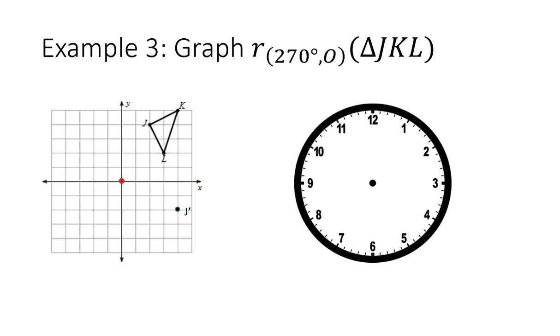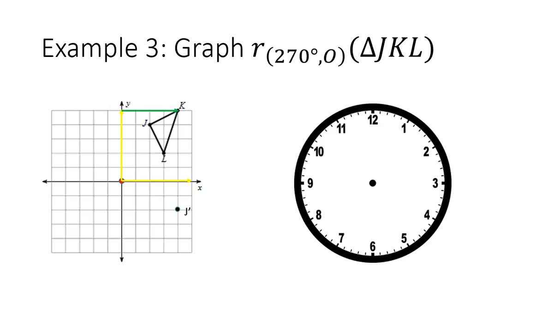And next I'm going to do point K. So K is up 5 units, and that's pointed towards the 12 o'clock. And then I go to the right 4 units, and that's pointed towards the 3 o'clock. So when I do a 90 degrees clockwise rotation, the yellow arrow will be going towards the 3, and once again the distance and the length of the arrow cannot change, and so it's going to still be 5 units, but this time it's going to be pointing towards the 3.